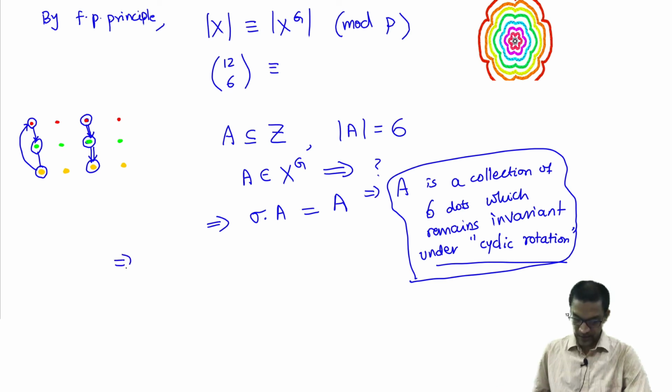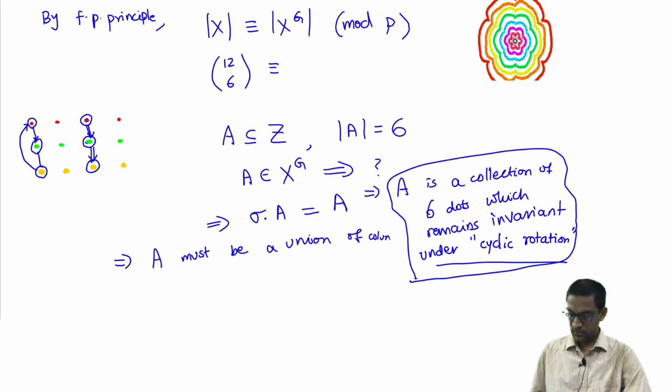In other words, we conclude that A must be a union of columns in Z. You take this grid of dots and you take some columns, the unions of the full columns. You cannot have partial columns.